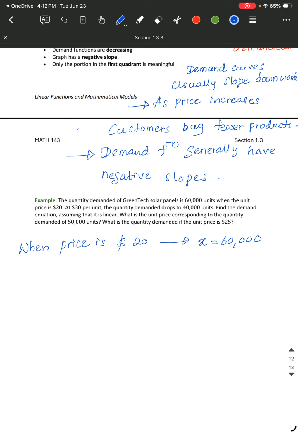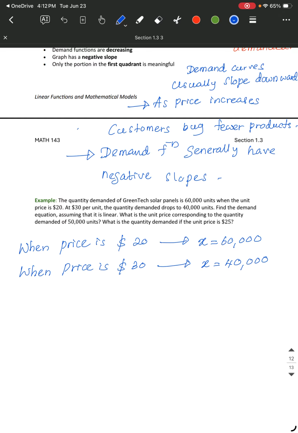When the price increases, customers buy fewer products.